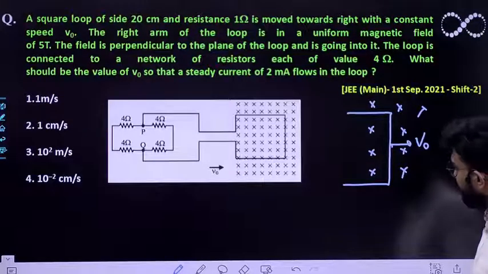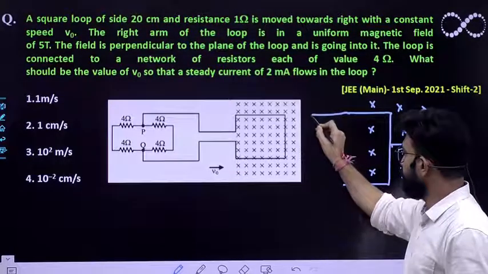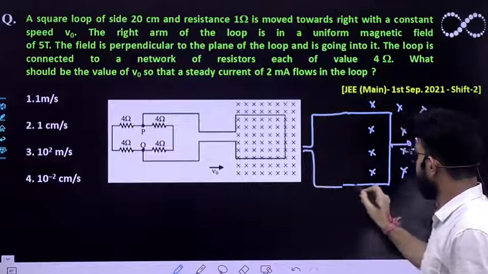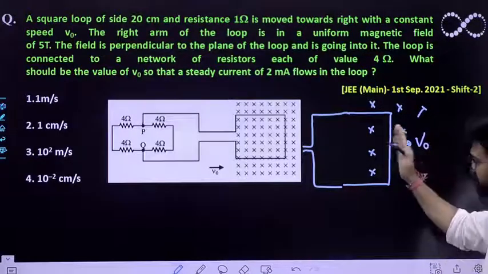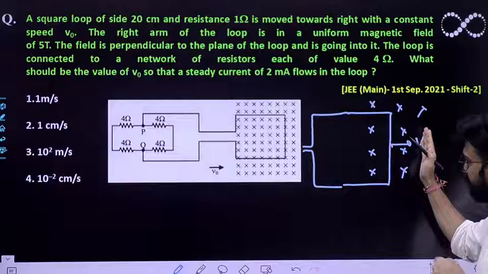So that means at the initial position the loop must be like this. It was entering the perpendicular magnetic field.